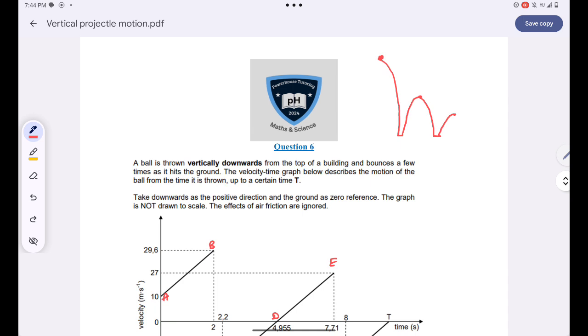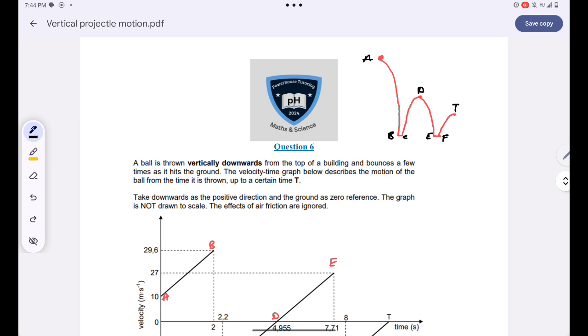So this will be the motion of the ball now. And whenever you label, this will be position A, B, C, D, E, F, and position T.